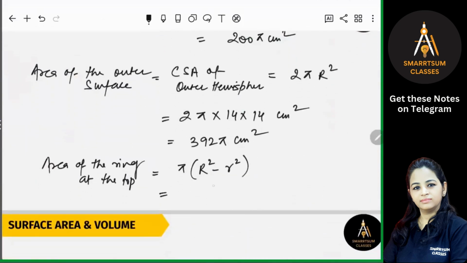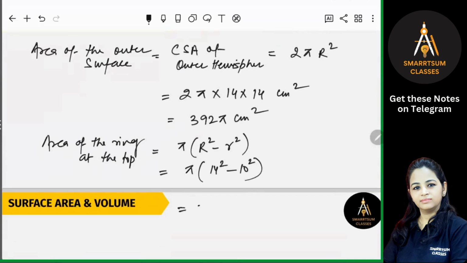This will become pi into 14 square minus 10 square. Tell me first, the square of 14 is 196. 196 minus 100, so this is 96 pi centimeter square. This is the area of the ring at the top.